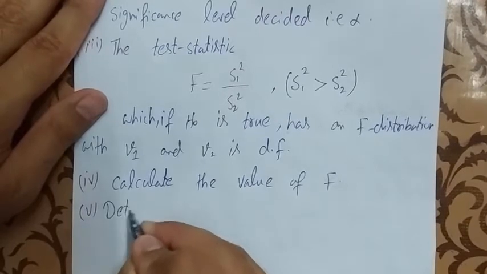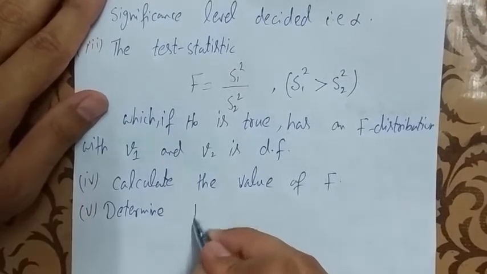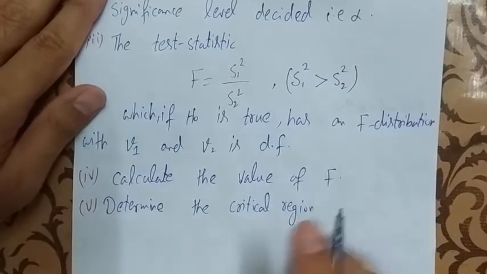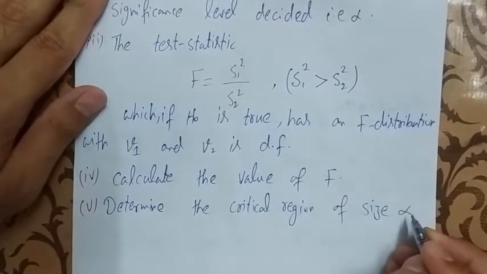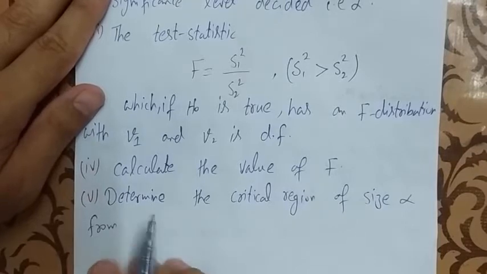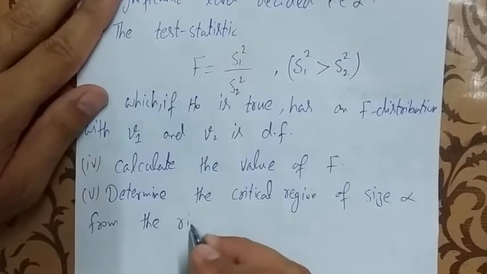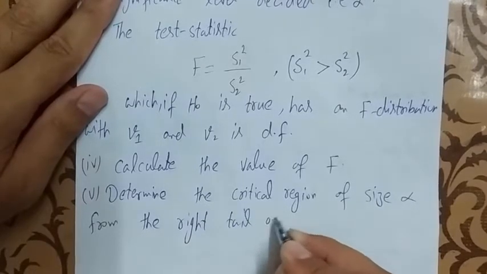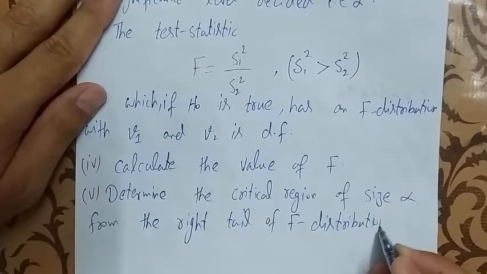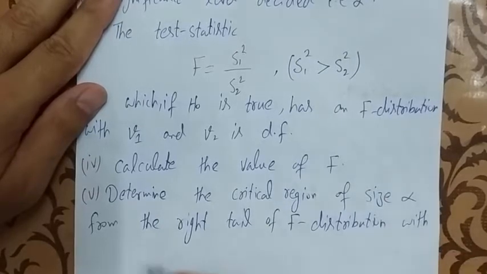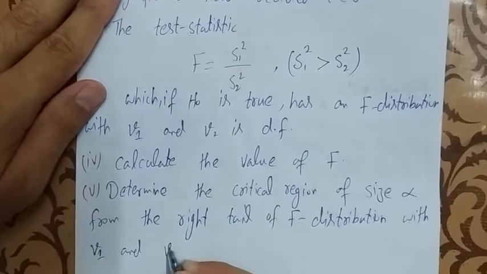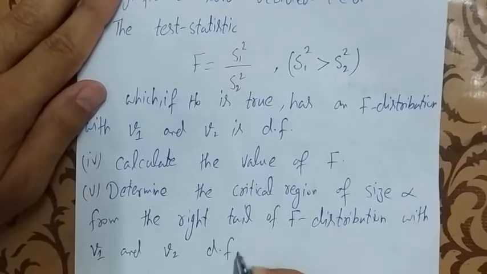Determine the critical region of size alpha from the right tail of the F distribution with nu1 and nu2 degrees of freedom.